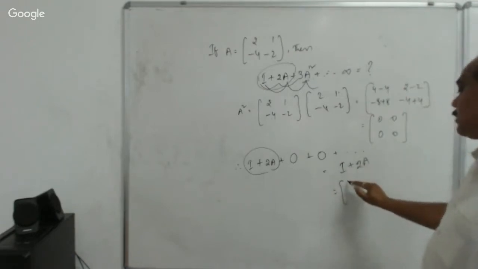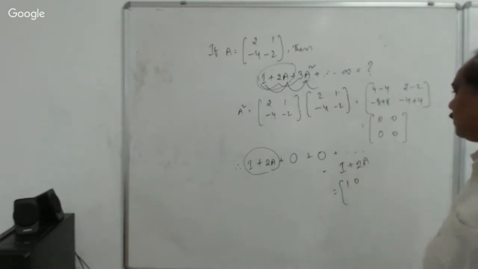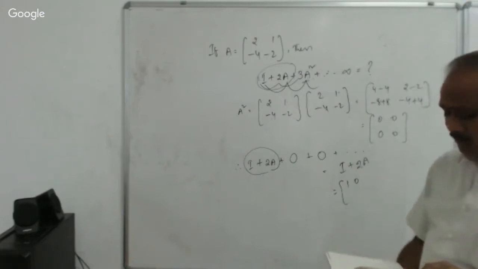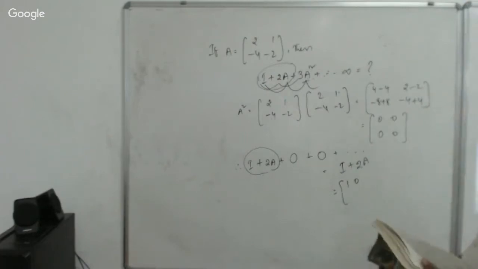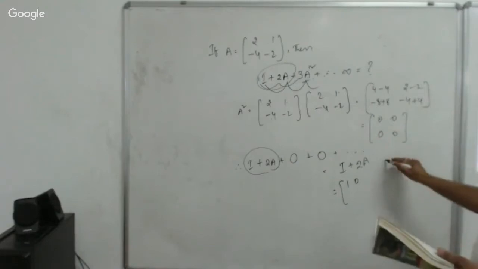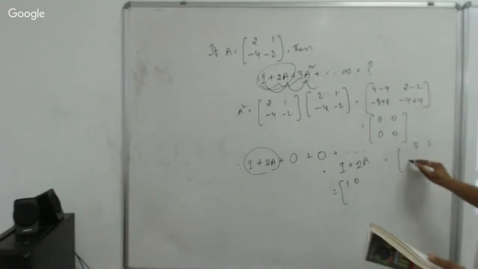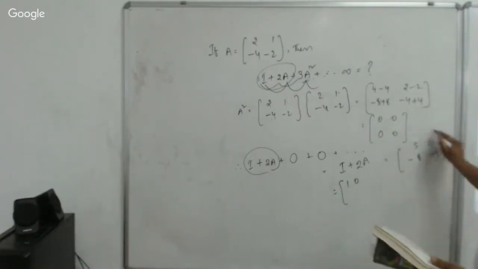Whereas I means [1, 0; 0, 1]. Yes, final answer is [5, 2; minus 8, minus 3]. This is the final answer.